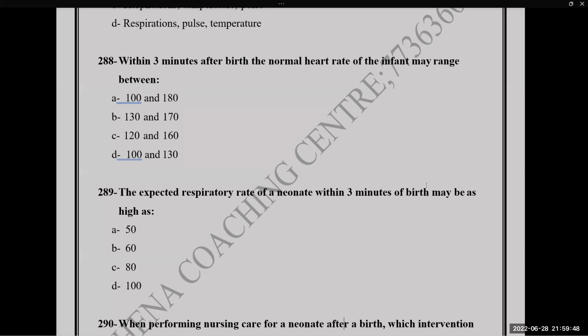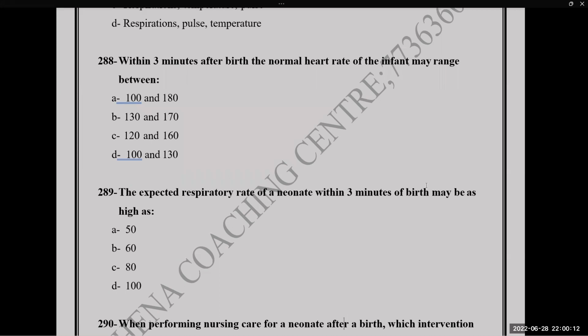Next question, the expected respiratory rate of a newborn within 3 minutes of birth may be as high as. Respiratory rate, the maximum respiratory rate you have to select. 60. Yes, exactly. It is 60.